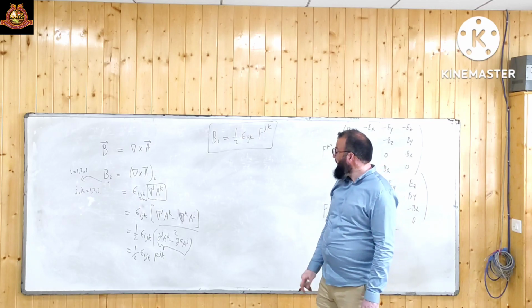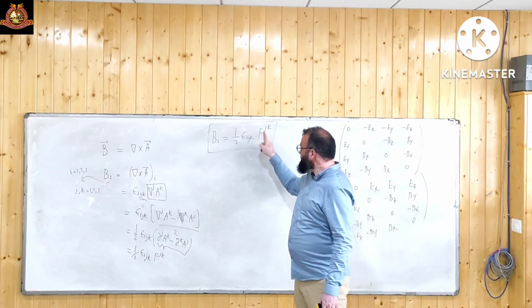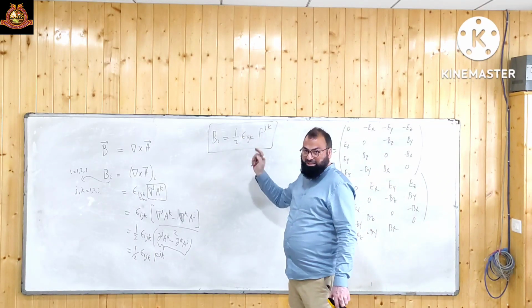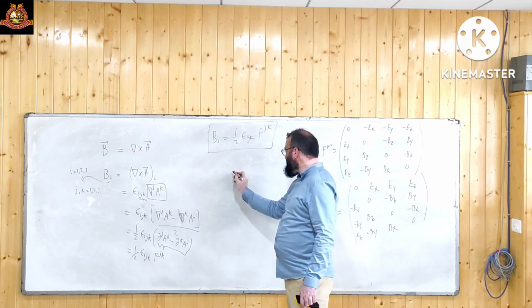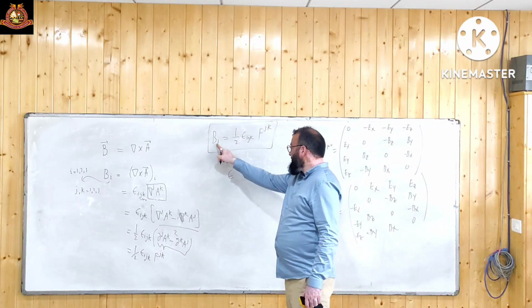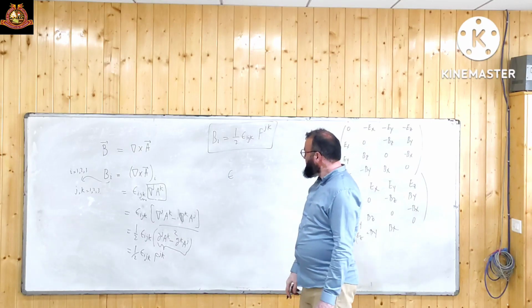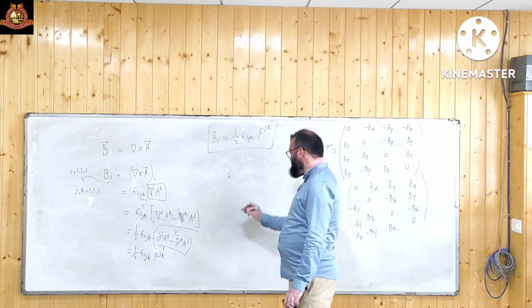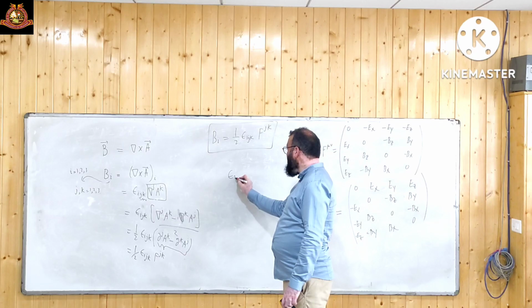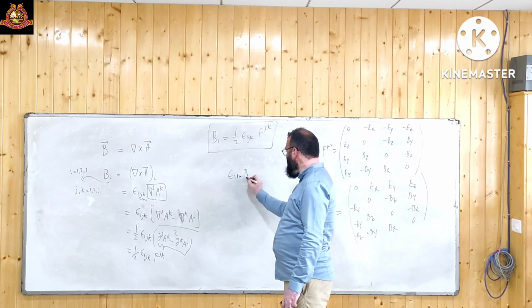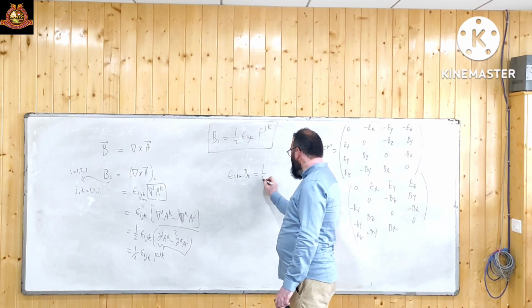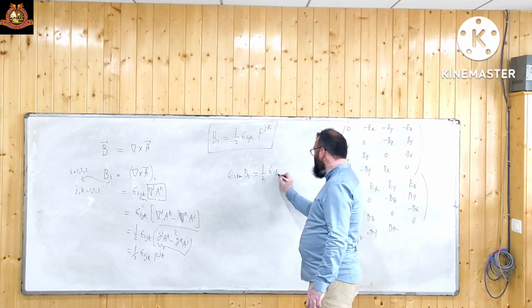Okay, so now let's calculate F j k in terms of B. Let me multiply by epsilon i l m, B i, this way. It is half of epsilon i l m.